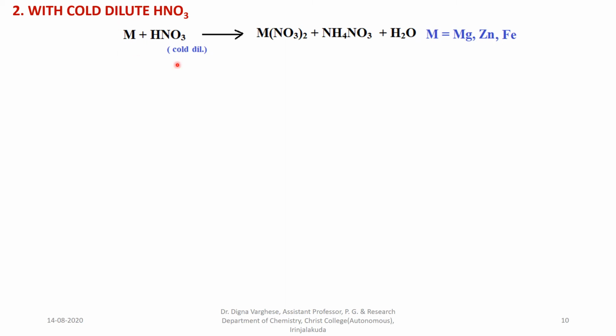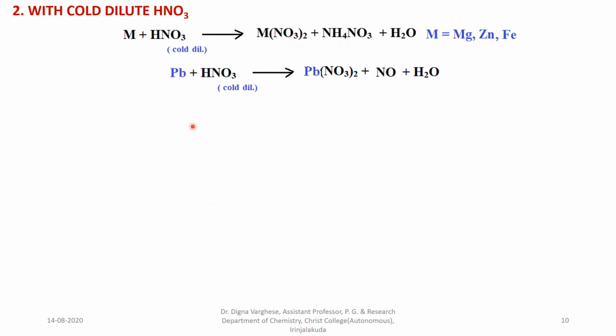If zinc is used, we will get zinc nitrate, ammonium nitrate and water. If iron is used, iron nitrate, ammonium nitrate and water. If magnesium is used, magnesium nitrate, ammonium nitrate and water.